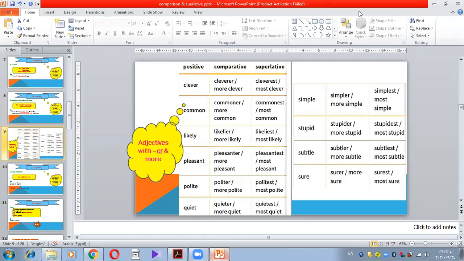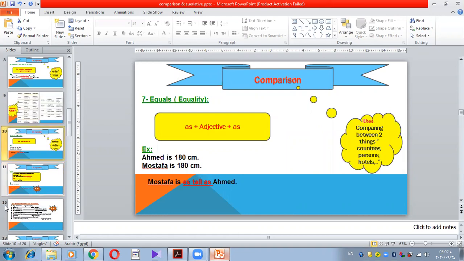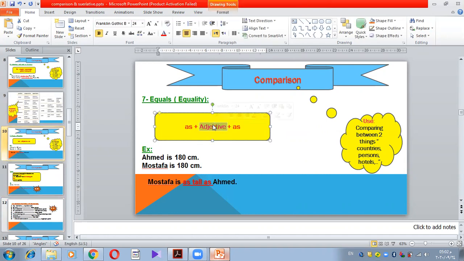Okay? Okay, very good. Now, if I have equals or equality, guys, as in comparison, how can I say that they are equal? Simply we use as, and in the middle we put the adjective without adding anything to it, without adding any endings. So as, adjective, as, and sometimes we use so instead of as as well.